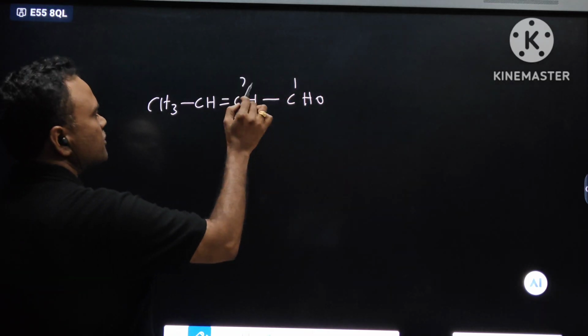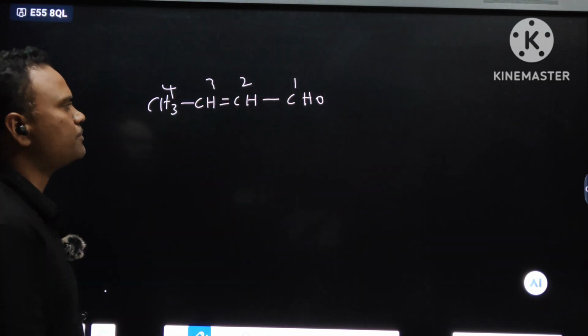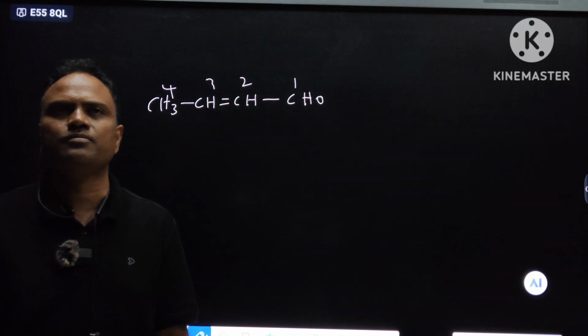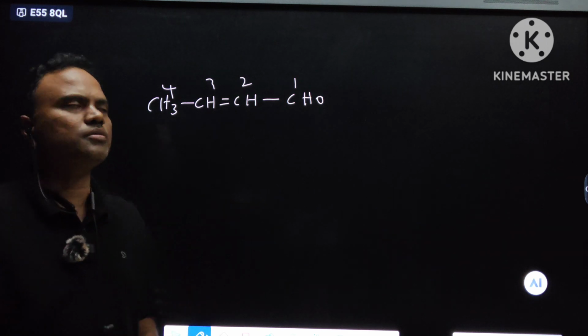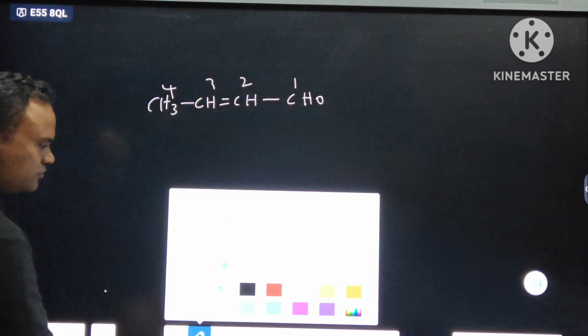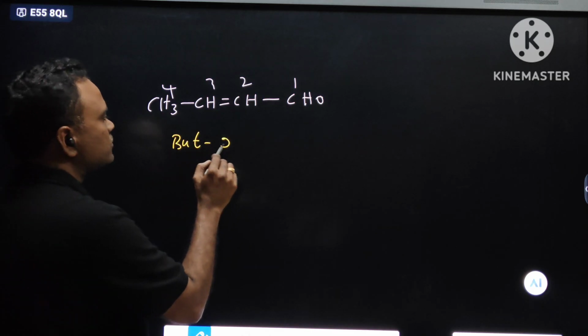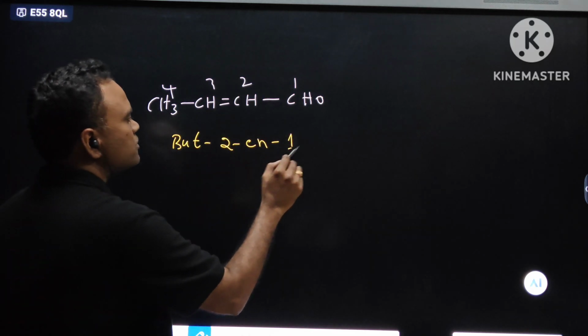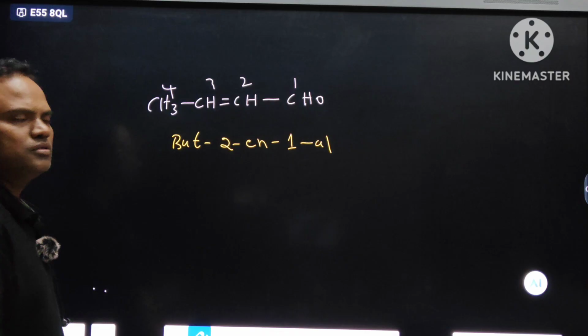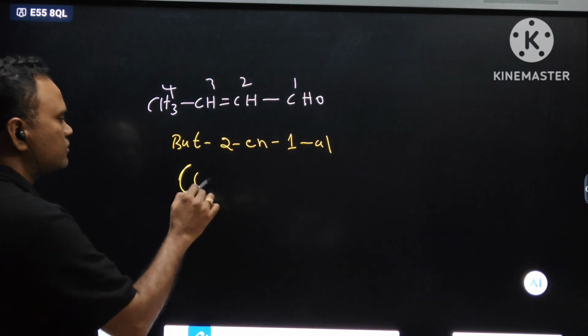Can you give its name, anybody? Based on the previous 2 examples, can you give its name? Yeah, but 2-en-1-al, or simply al also correct. Crotonaldehyde.